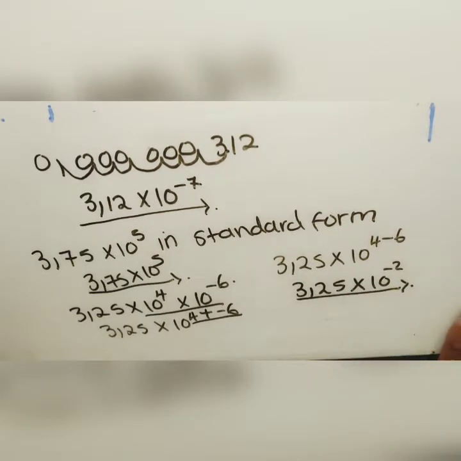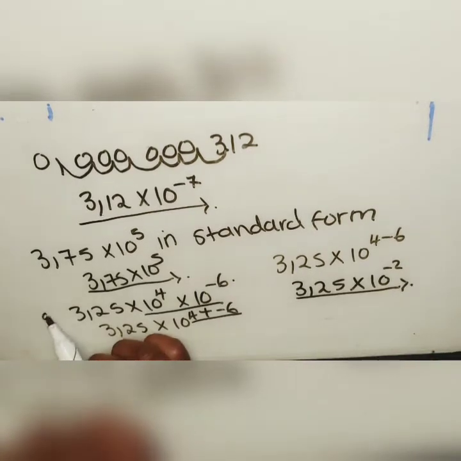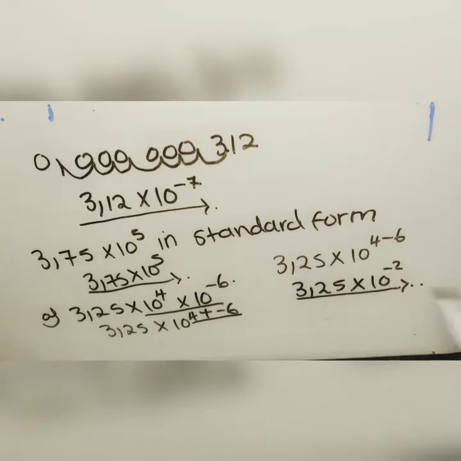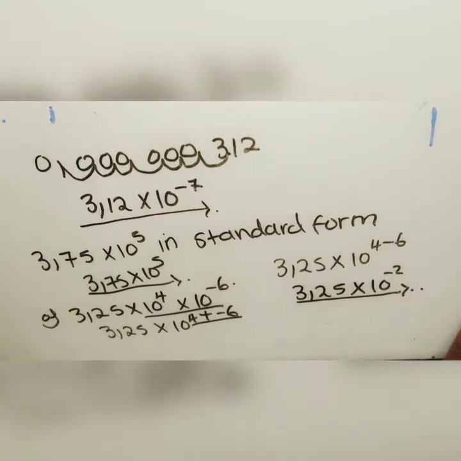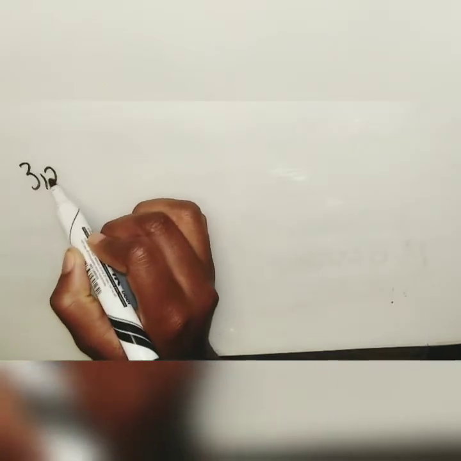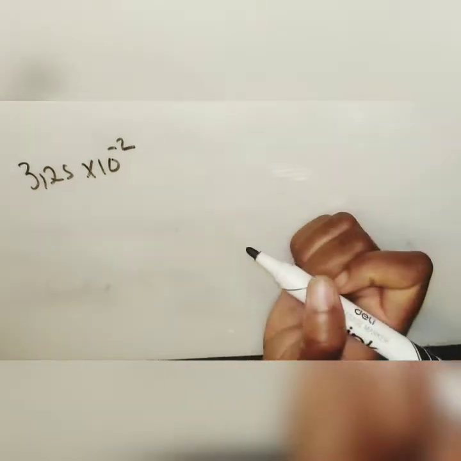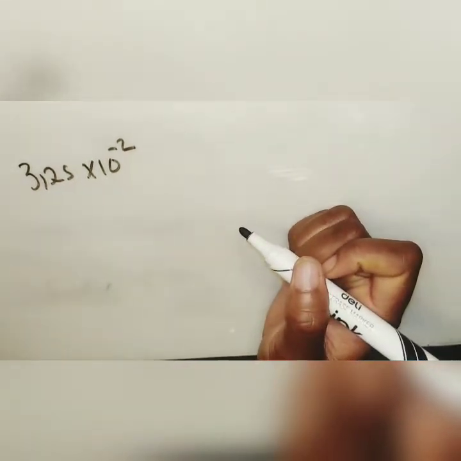But this question is divided into 3 parts. Part A says give your answer in standard form, which is what we just did. And then part B, they are saying give your answer as a decimal. Remember, our answer is 3,25 times 10 to the power minus 2. Writing this number as a decimal simply means write it in ordinary form.